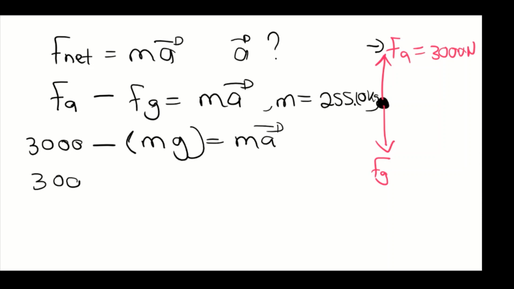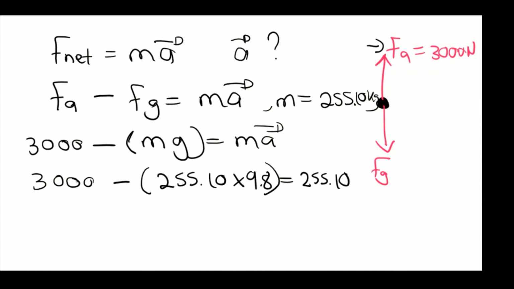And 3,000 newtons minus 255.10 multiplied by 9.8 is equal to 255.10 multiplied by the acceleration.